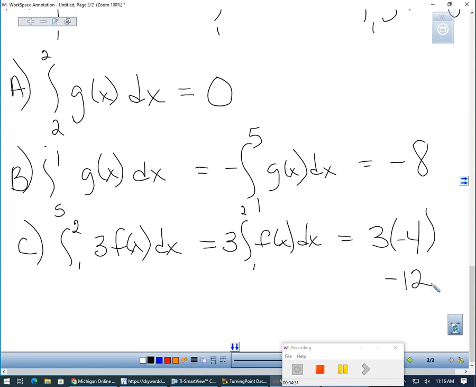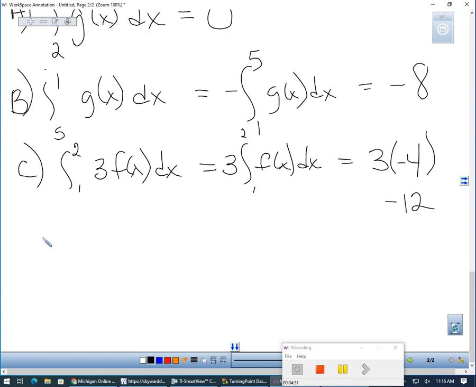Sure, I can do D up there. I have D is the integral from 2 to 5 of f of x dx. So, think about what you have. You have one integral that goes from 1 to 2, and you have one integral that goes from 1 to 5. All right, you guys, hold on.